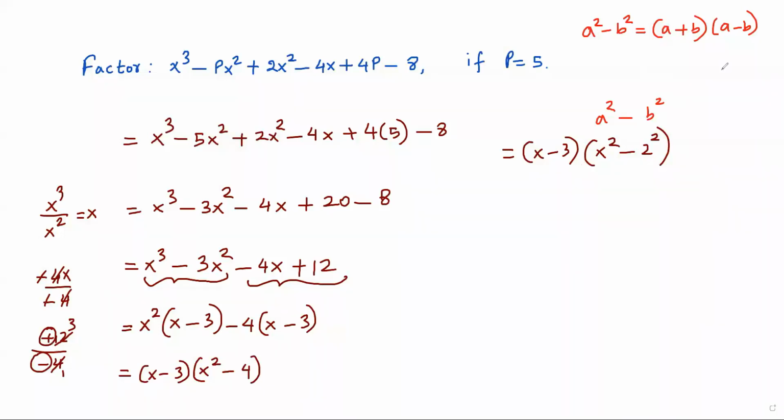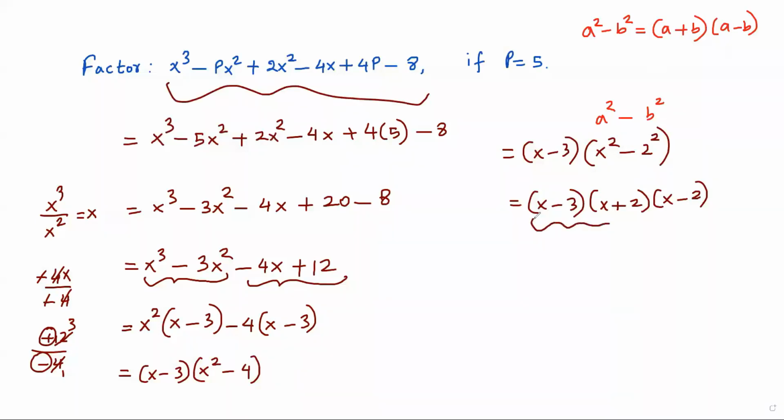So the factored form is (x − 3), and x² − 4 becomes (x + 2)(x − 2). So, the factored form of the given cubic polynomial is (x − 3)(x + 2)(x − 2).